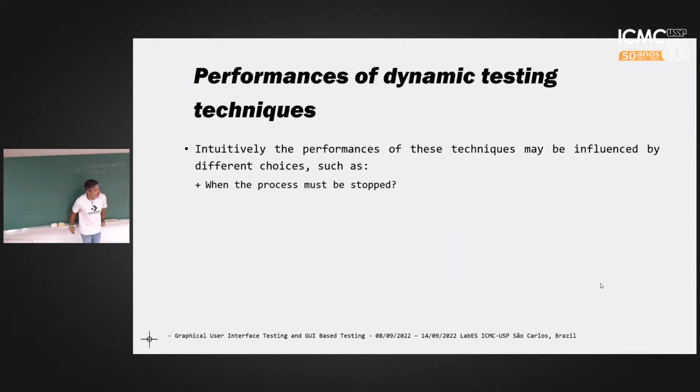Now we have different parameters that may influence the performance, in terms of testing capabilities, of the online testing techniques. As an example, when can we stop the process?